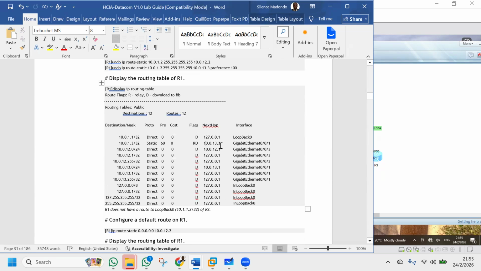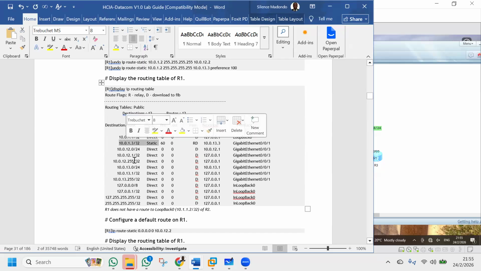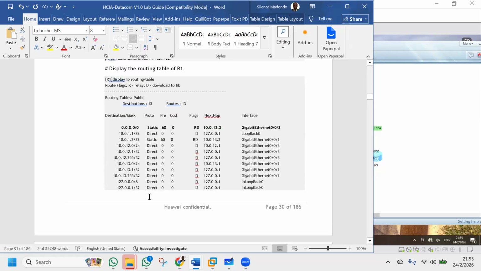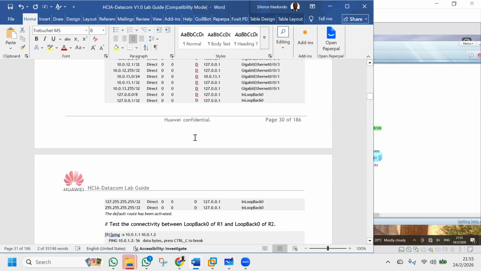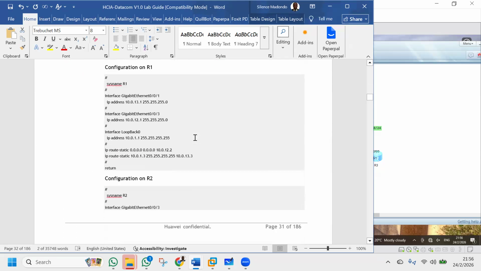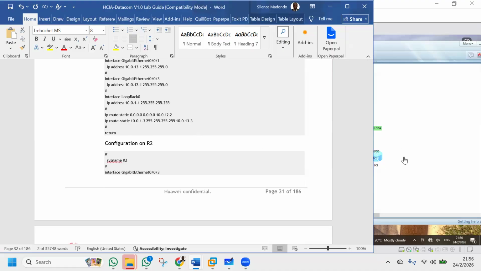Flags RD. 10.0.13 network, loopback. 10.0.13. Okay, let's leave it. We're going to open up a very huge and dark hole. I'll leave this here.